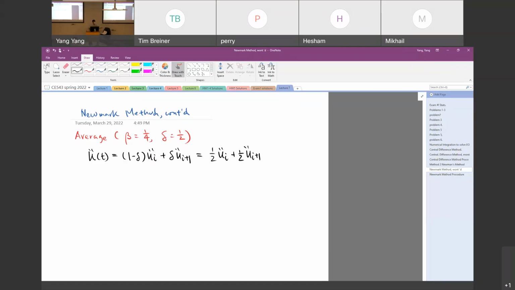So that is the average meaning. Does this make sense?